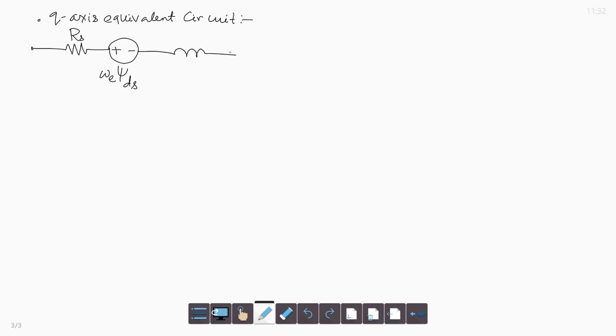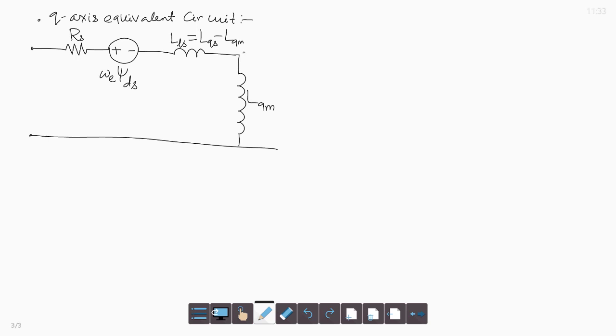Then we have the stator leakage inductance, and this is the stator mutual inductance LQM. This is the stator leakage inductance LLS, that is LQS self inductance minus mutual inductance LQM.